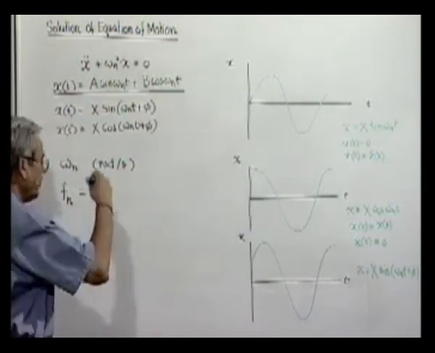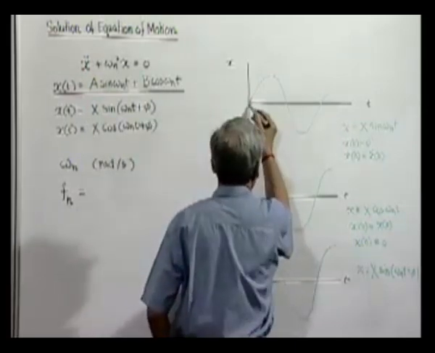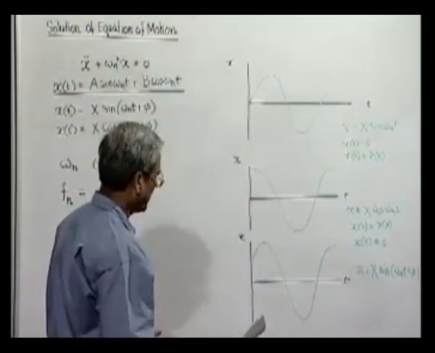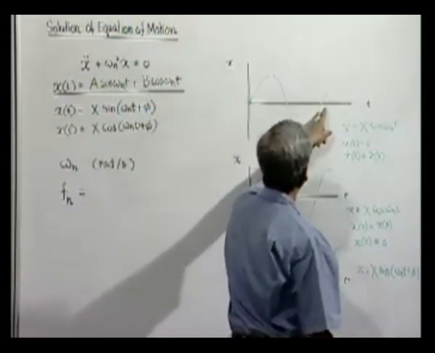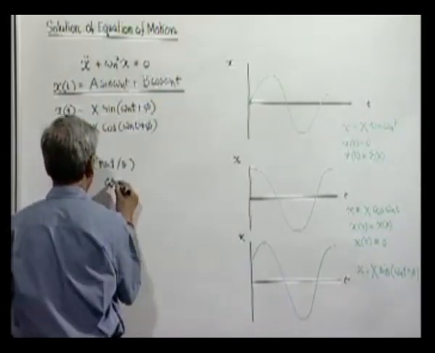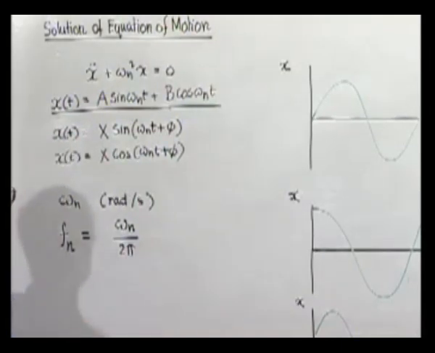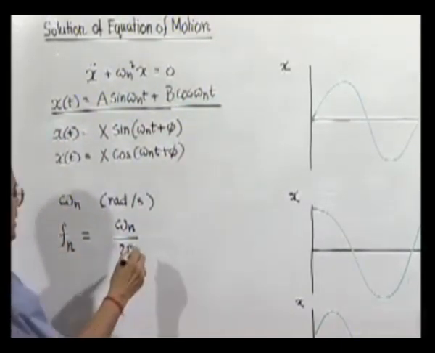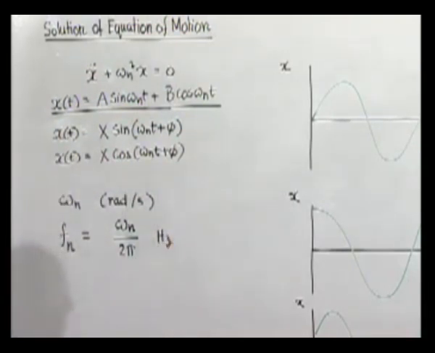Now, to complete one cycle, the angular displacement of the vector representing this will be 2 pi. That means from here to here, it requires 2 pi radians for each cycle. So, if there are so many radians per second, the number of cycles per second, which we call hertz, is omega n by 2 pi.